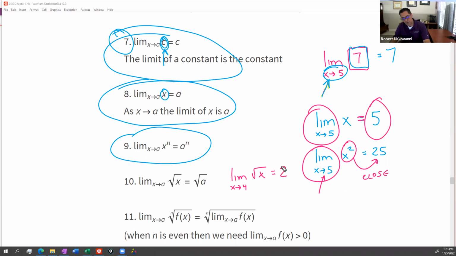The square root of 4 is 2. So it's approaching 2. And the last limit law says that if you have a root of a function, the nth root of a function, you are allowed to just figure out what the function's doing first, figure out that limit, and then take the root after you do the limit.